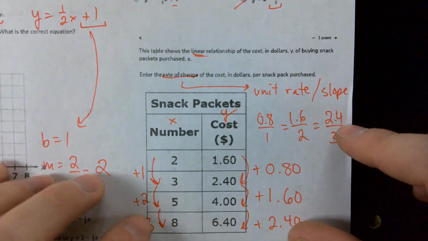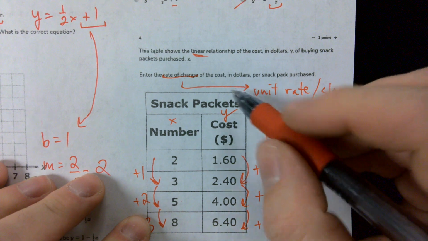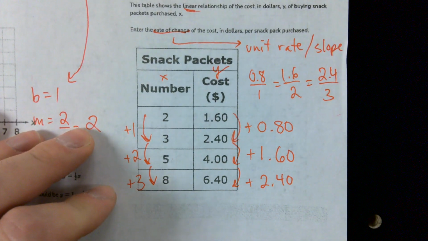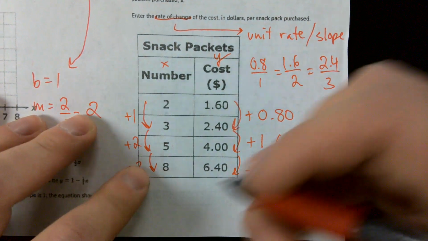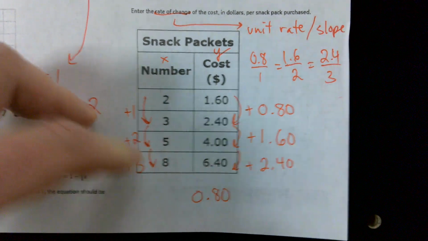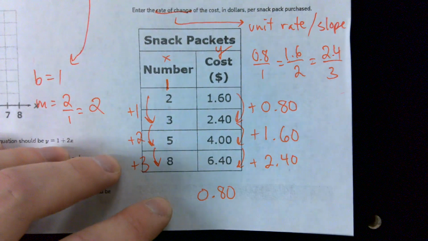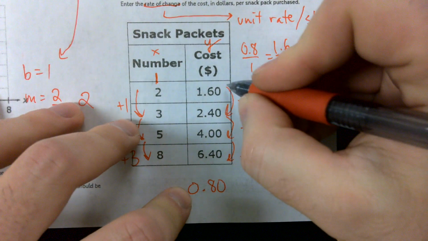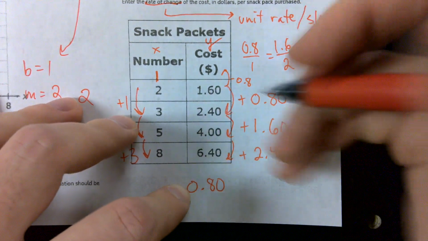But the question is, what's the rate of change per snack? So 2 snacks is $1.60. How many is 1 snack? 0.80. Right? If we were to take this table back one step, if we found the number where x is equal to 1, we would have to subtract 0.8 from 1.6.